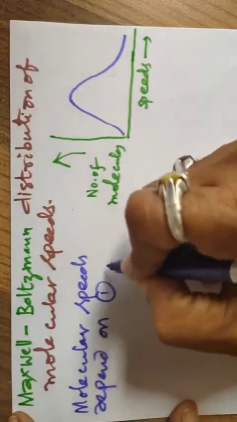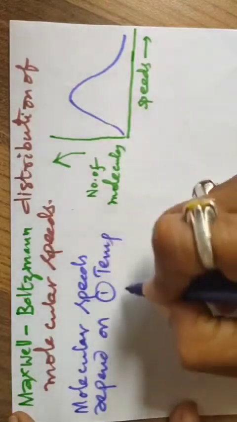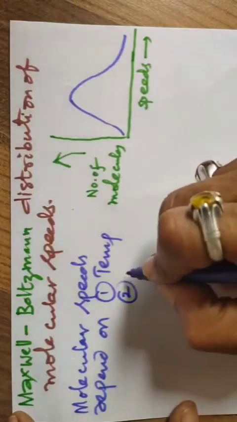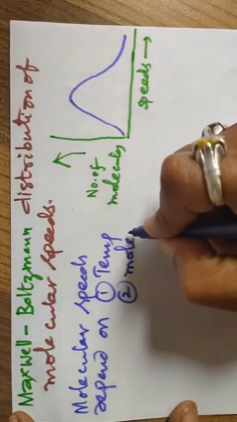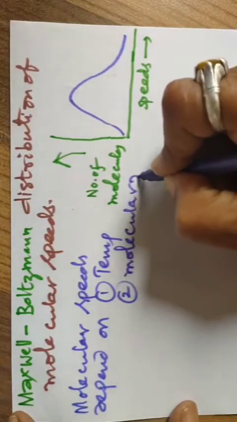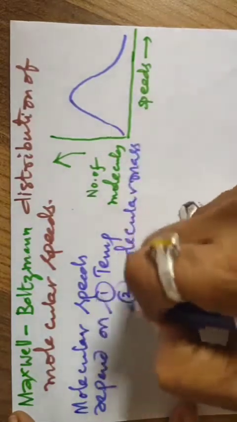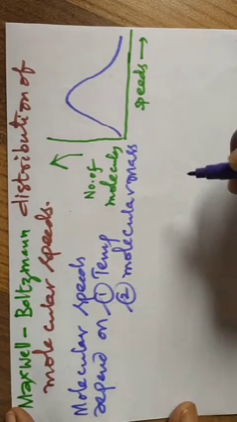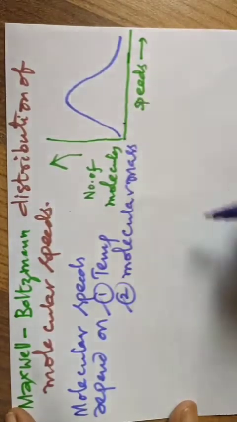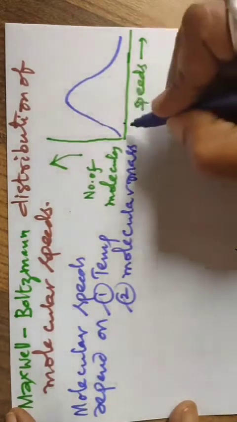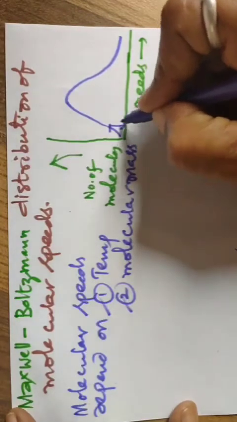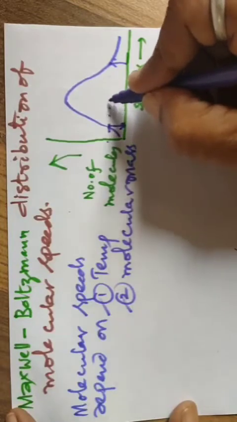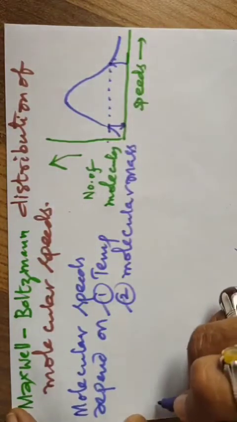The second one is the mass of the molecule, that is, the molecular mass. These are the two factors affecting the speed of the molecules. This is a low speed, with its number of molecules, and this is a high speed, with its number of molecules.